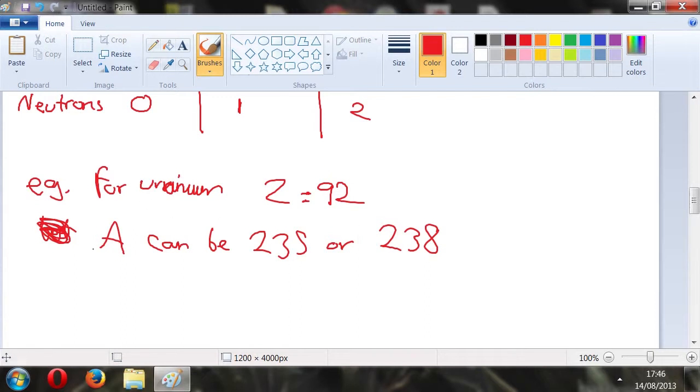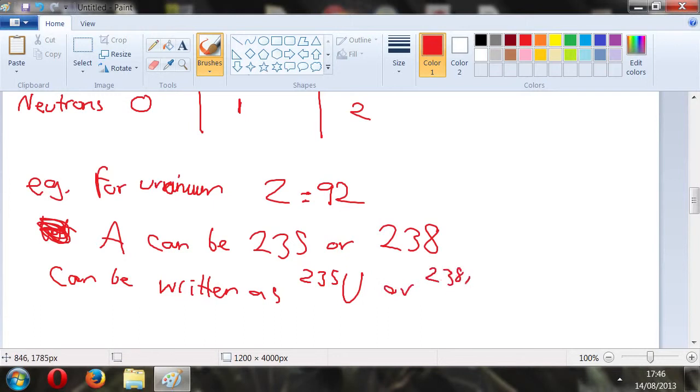So it can be written as 235 U. We don't actually need to put the atomic number there. It's just a convention that it's done like that.